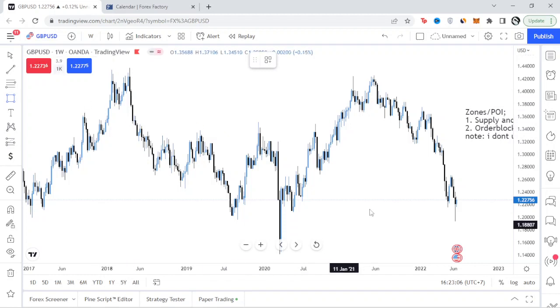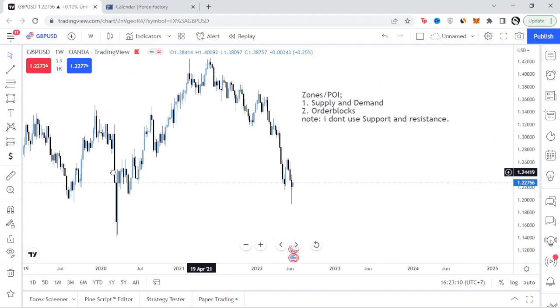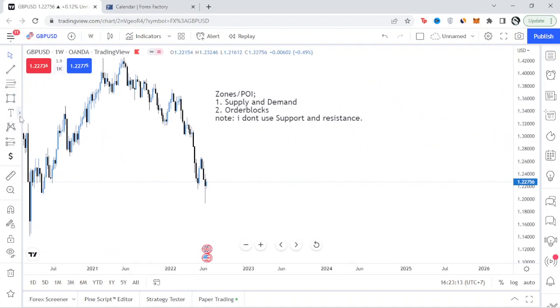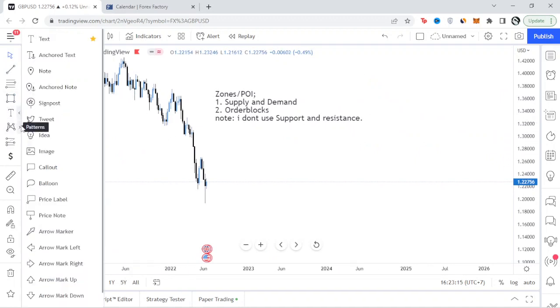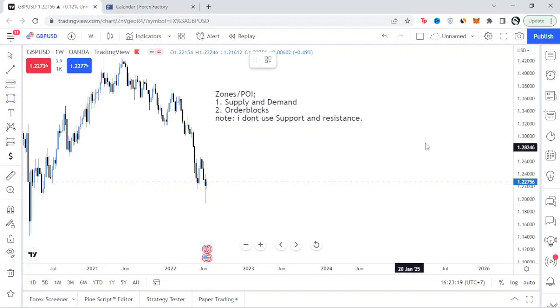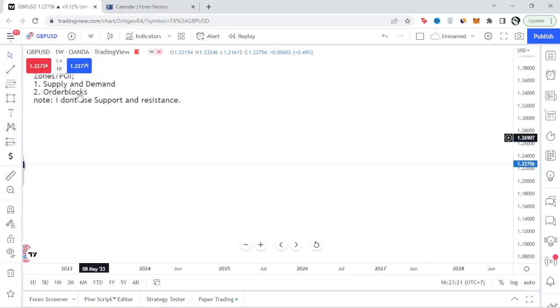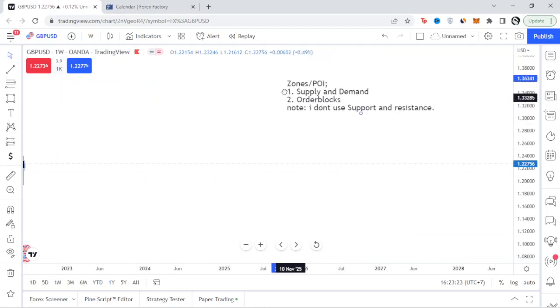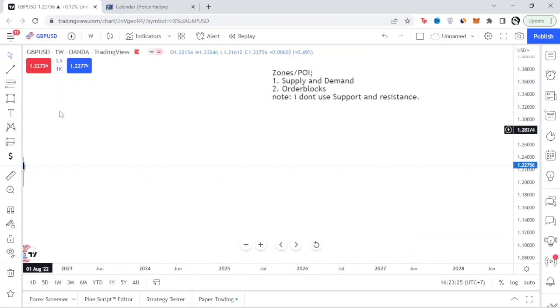Well, looking at zones and supply zones, first of all, let me just take it like this: what makes a zone valid, and what makes an order block an order block? As I said, what makes an order block an order block, and what makes a supply a supply? An order block is quite valid when coming.